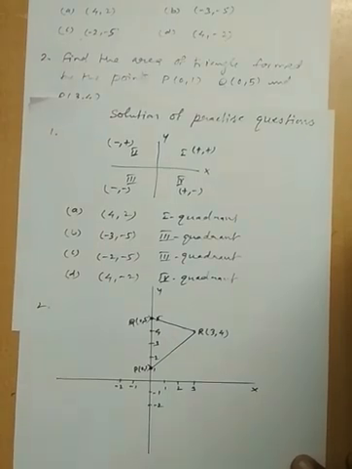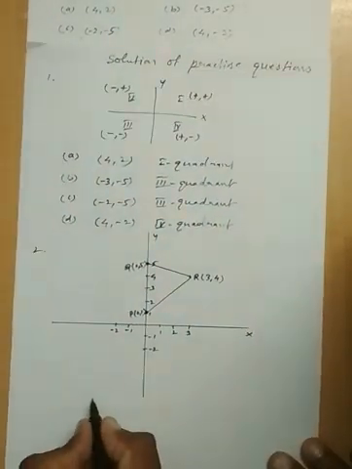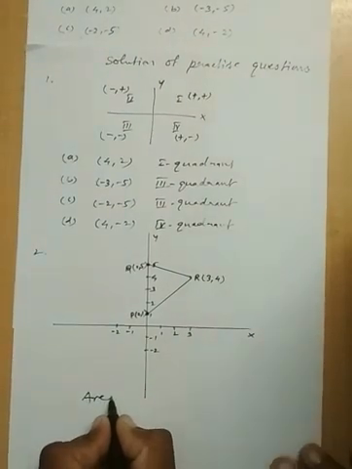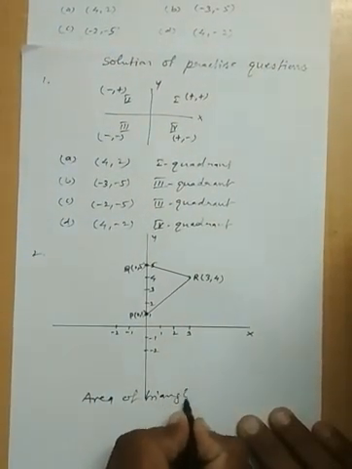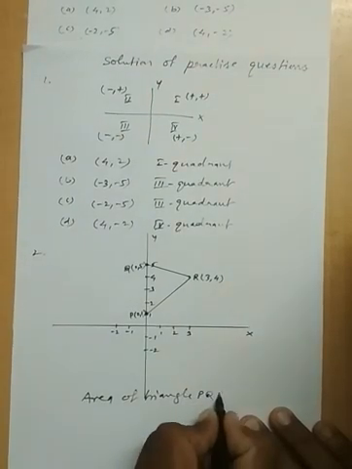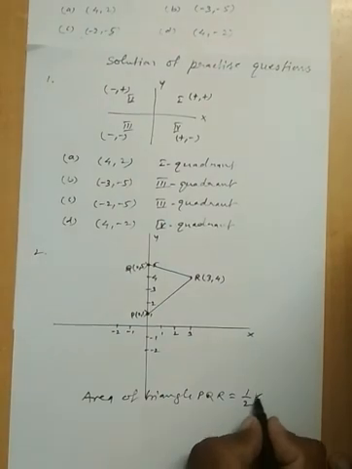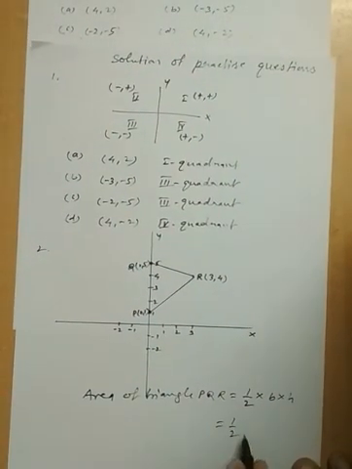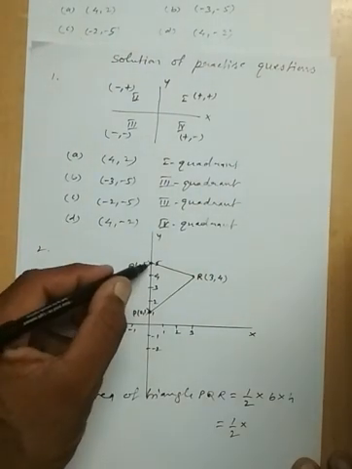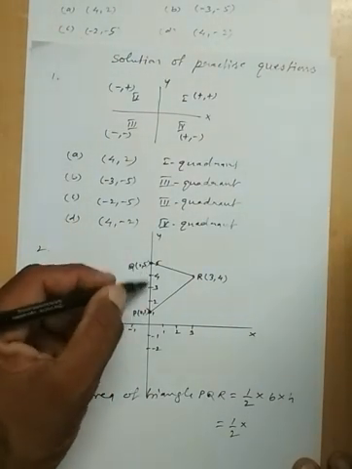And find the area of triangle PQR. Area of a triangle is half into base into height. So this is half, here the base can be taken between (0, 5) and (0, 1).